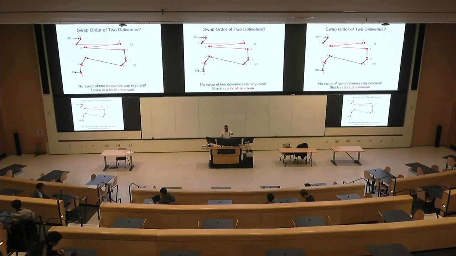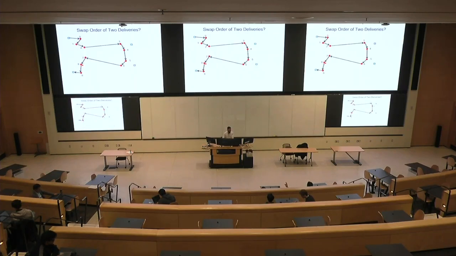You had a question? I was going to say, what if you were to go back to the previous image? Yeah. What if we were to get rid of 2 to 3 and 6 to 7, and then you connect 2 and 7, and 9 and 6, and you just change the depots? Yeah, okay.